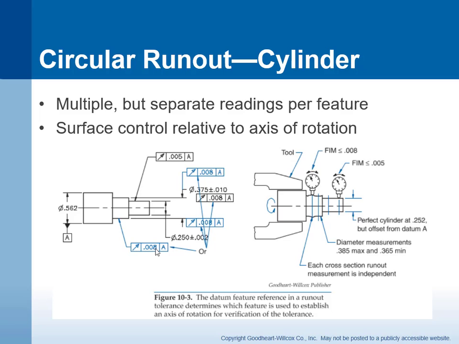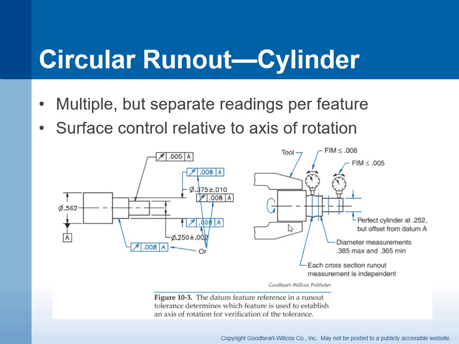Here we're showing you 3 ways to put a runout tolerance of 8 thousandths on this surface. We can apply it with a leader, we can apply it to an extension line, or we can apply it to a dimension line. There are 3 ways to do this. Now, what does this mean? We have a tool, like a chuck for instance, that picks up the .562 diameter regardless of feature size.